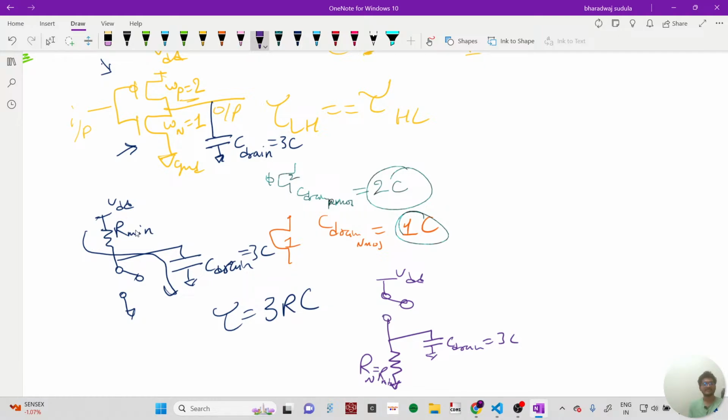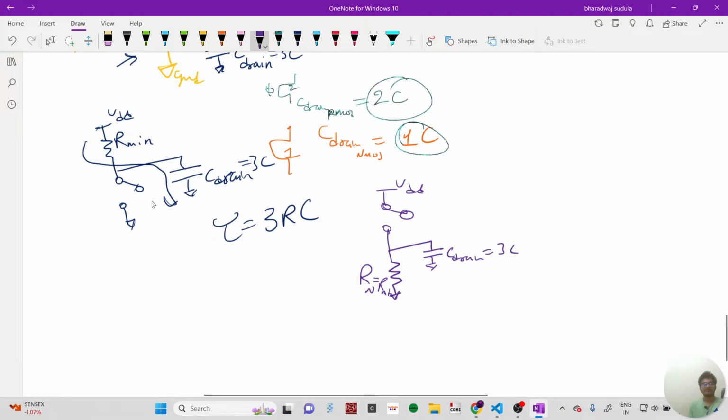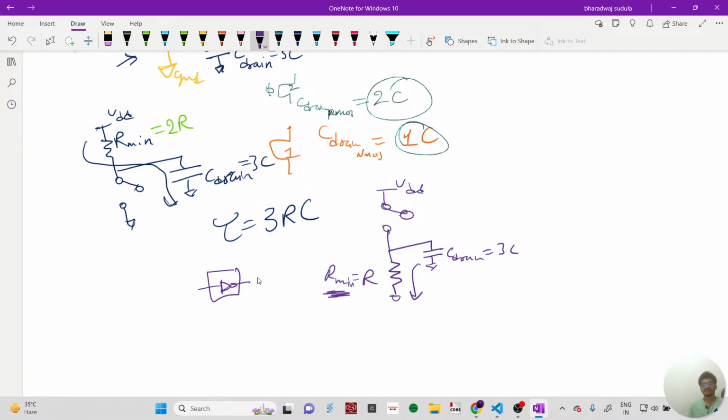So Rmin of PMOS has to be 2R, and Rmin of NMOS is R. The minimum resistance of the pull down network in a minimalistic inverter standard cell is R, and for PMOS, Rmin is 2R.